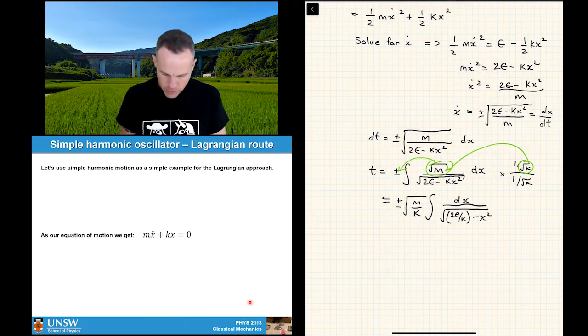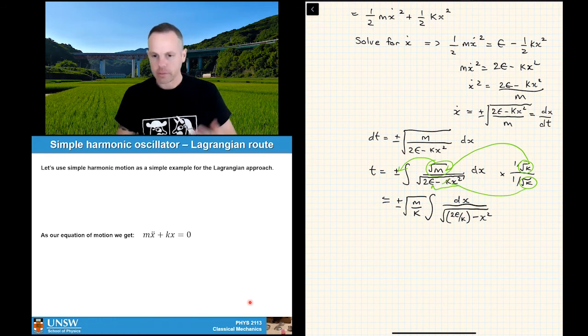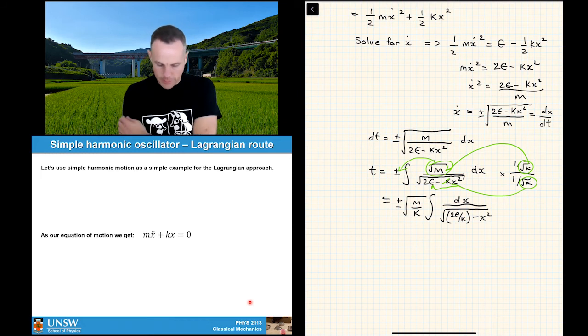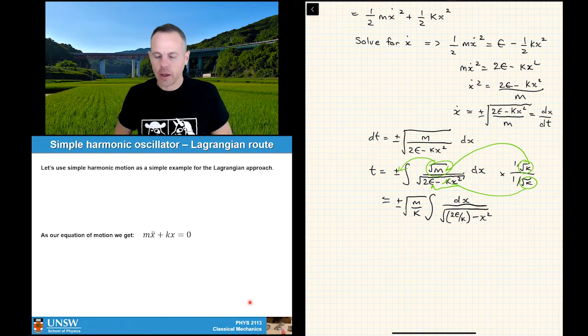Now, let me just point out what's going on here. This k has gone in here, knocked out that k, joined onto there, and cleaned up the equation a little bit. Those that have done lots of problems will spot what I'm trying to do here. I've spotted a few moves ahead that this is going to be the kind of thing I'm going to find in a table of standard integrals, and so what I need to do is make it look like a standard integral in order to apply the table.